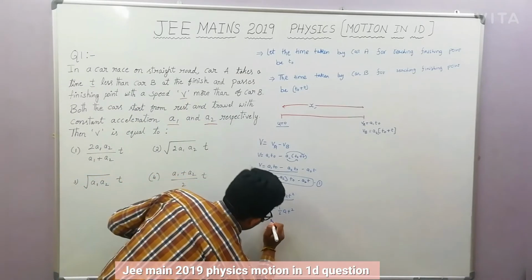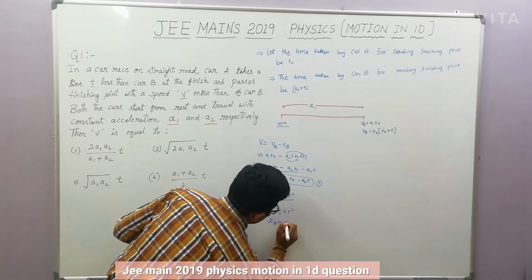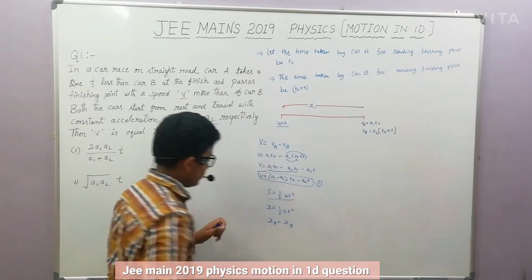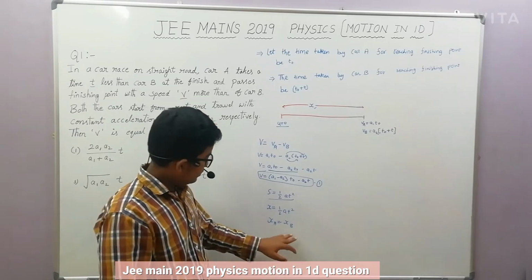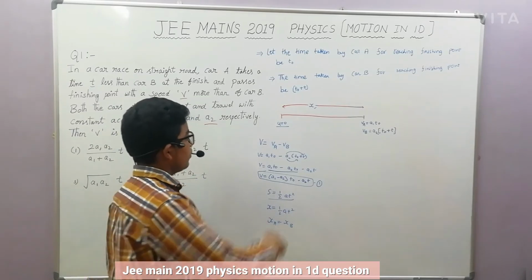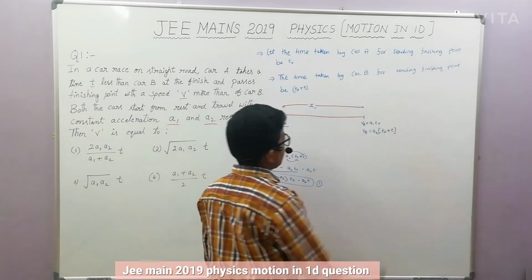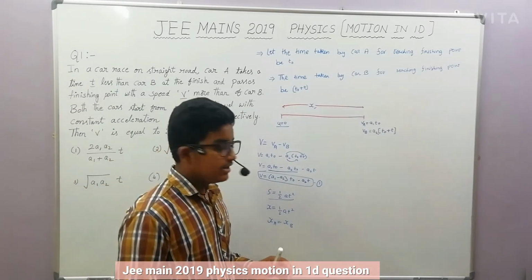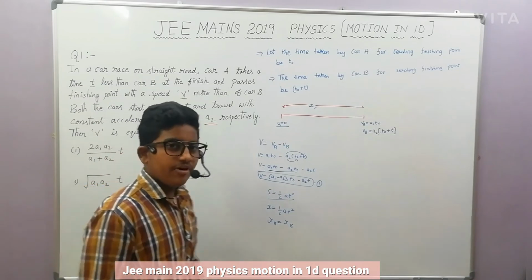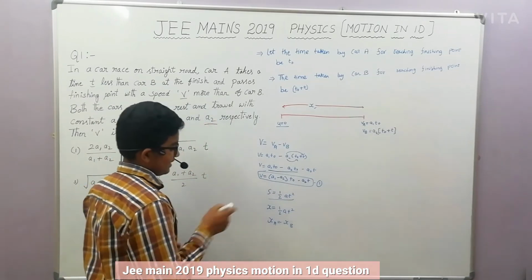And x of car A is equal to x of car B, meaning the distance of car A is equal to the distance of car B. Both the cars are traveling the same distance, but the time is different, that's it.